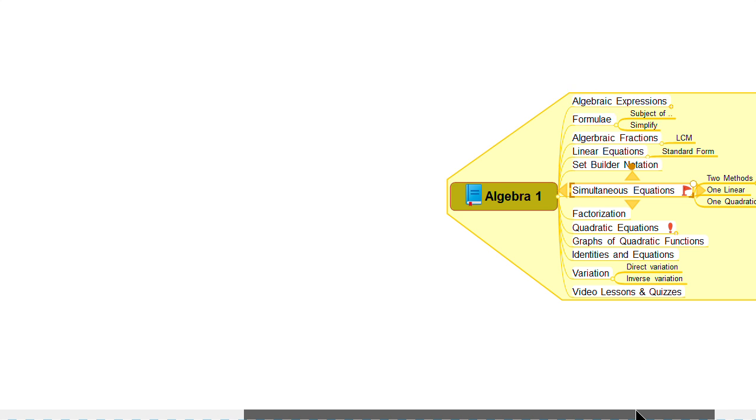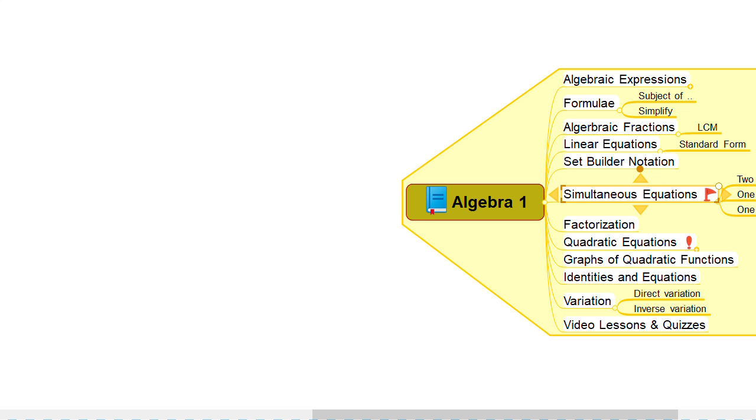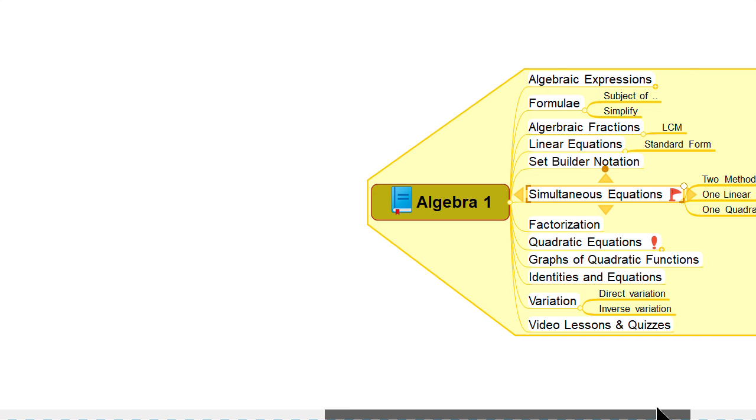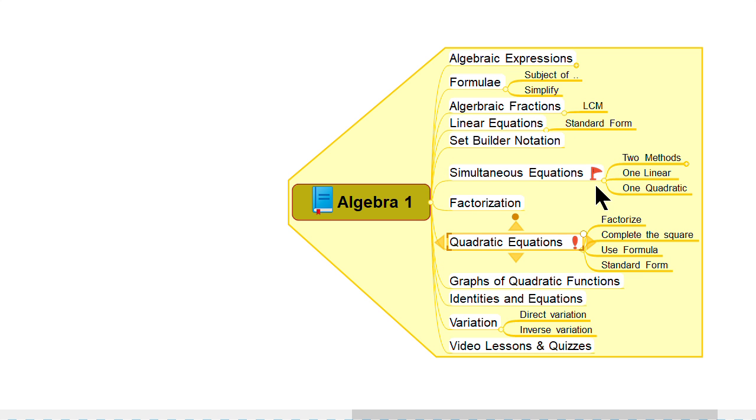Let's see how that looks, and let's expand it some more. Factorization, quadratic equations, and I've put a red flag there because many students struggle with solving problems related to simultaneous equations.